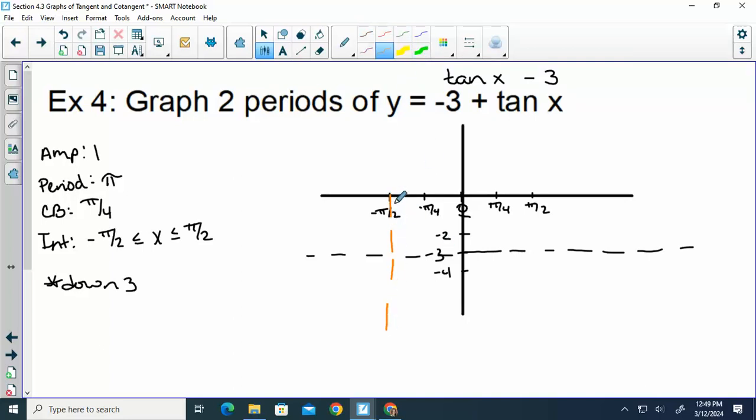Starting and stopping points are asymptotes. The middle point is 0, but 0 is on the negative 3 line. Okay, then is tangent increasing or decreasing? Increasing. So at negative pi over 4 we are at negative 4, and at pi over 4 we're at negative 2.